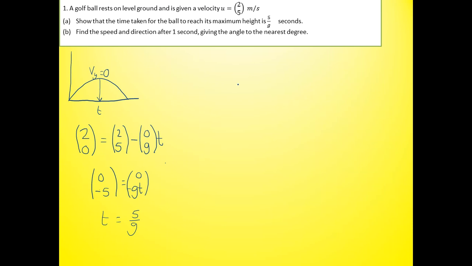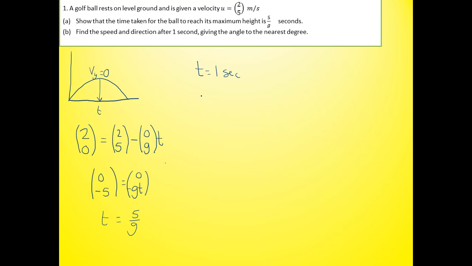Now find the speed and direction after 1 second, give the angle to the nearest degree. So this time we're looking for the time is equal to 1 second.